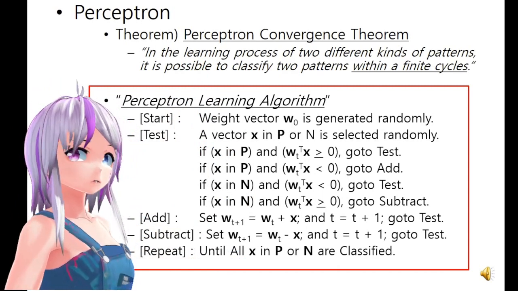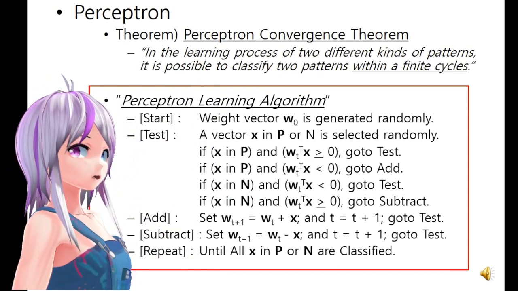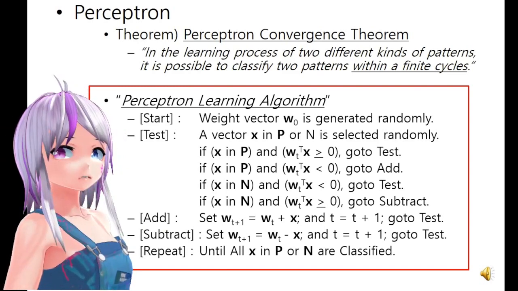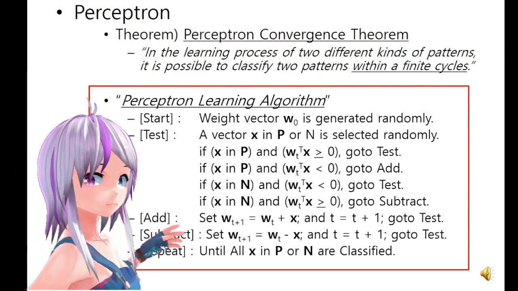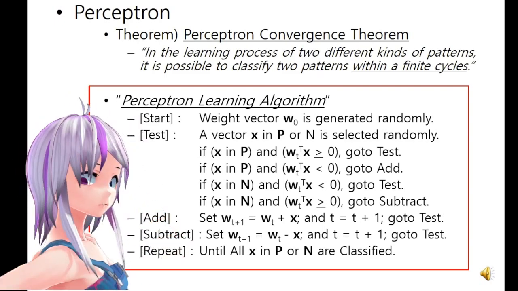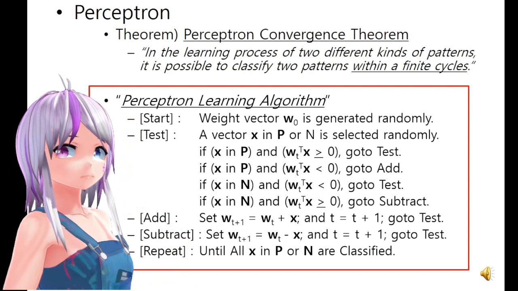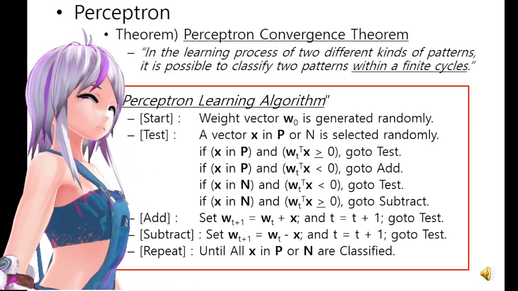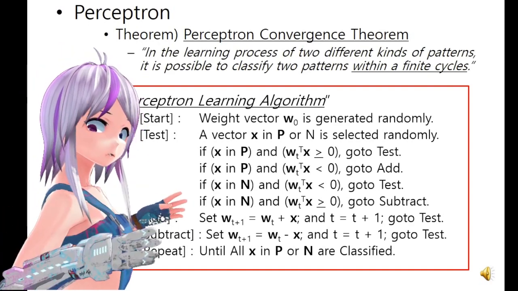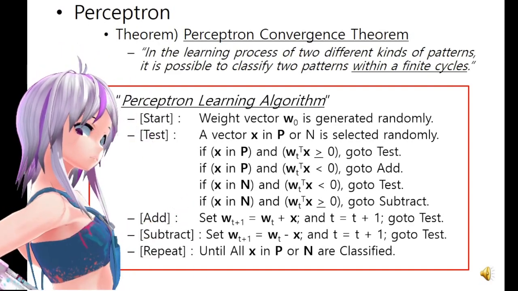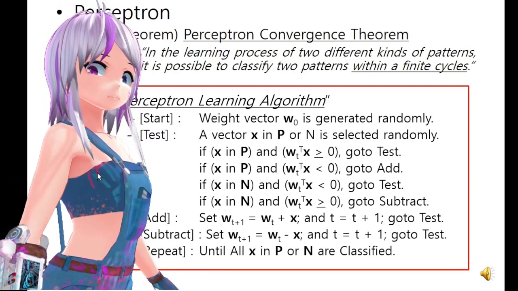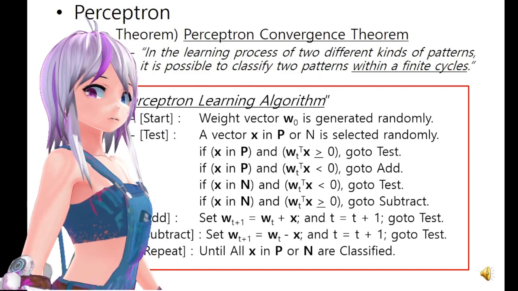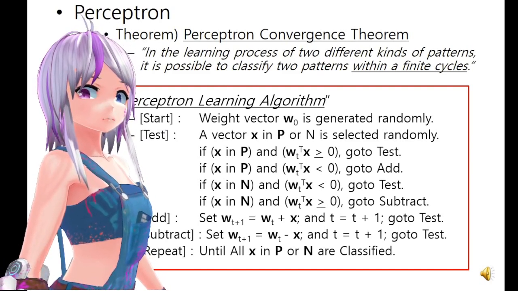So the primitive perceptron learning algorithm is this algorithm here. Start: we have a weight vector, capital W0, generated randomly. Sometimes we use Gaussian noise, sometimes we use uniform noise as the initial condition for these weight parameters.